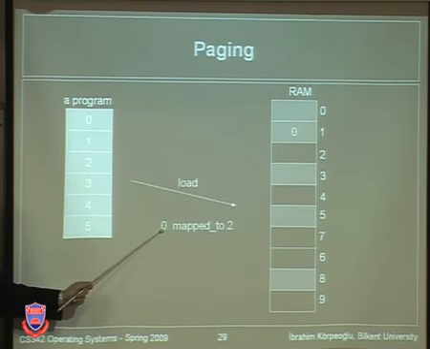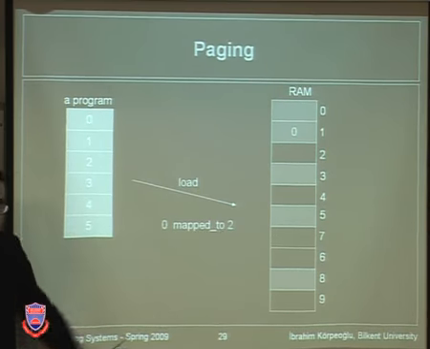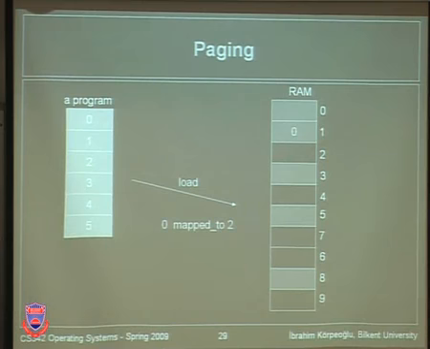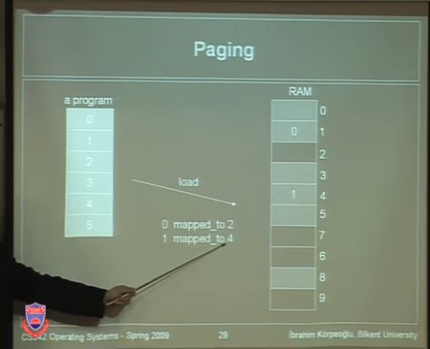You store that mapping somewhere in a data structure called the page table. You say that page 0 of the program is loaded into frame 1. Sorry, it is not frame 1. And for example, page 1 can be loaded into frame 4. Then you have to have a mapping saying that page 1 is mapped to frame 4.